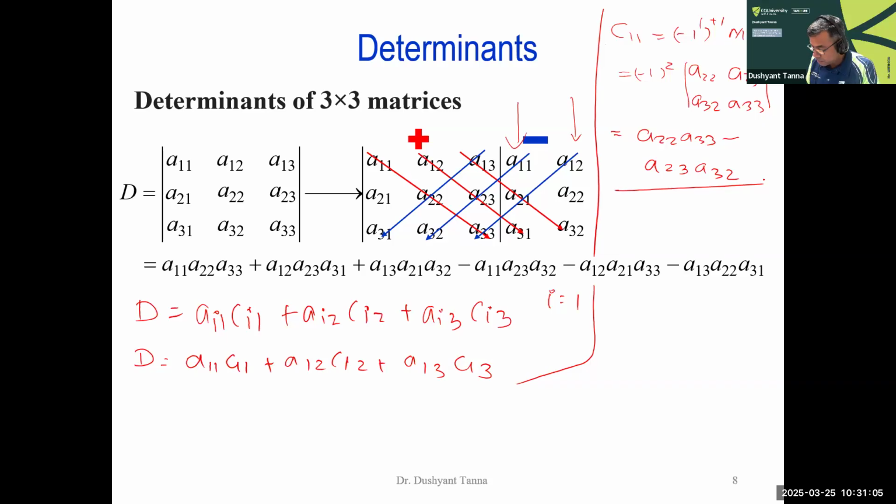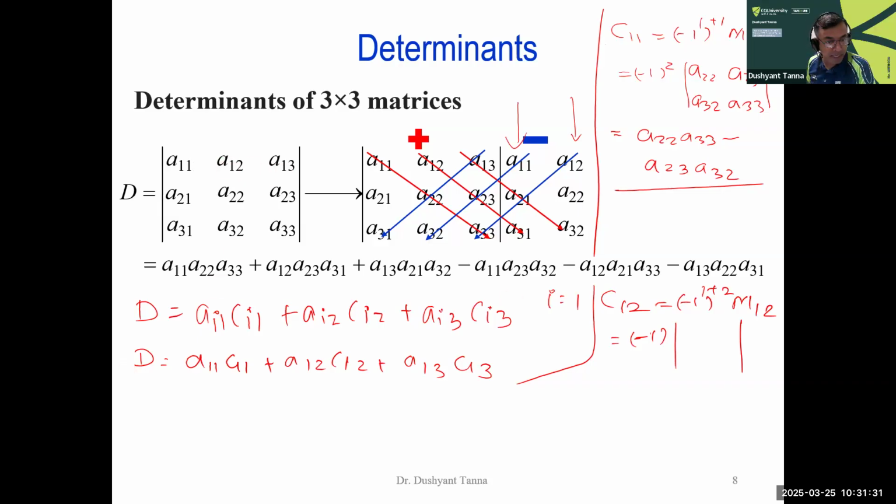Okay, if I wanted to go with C12, as I need that here, minus 1 power 1 plus 2 times M12. So that is minus 1. M12 is the minor of A12. So you eliminate the row and column containing A12. You remove this.